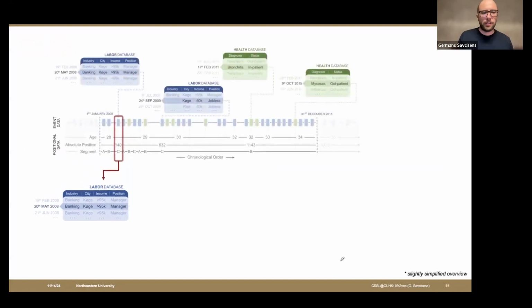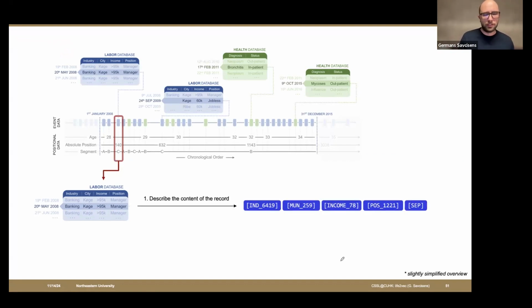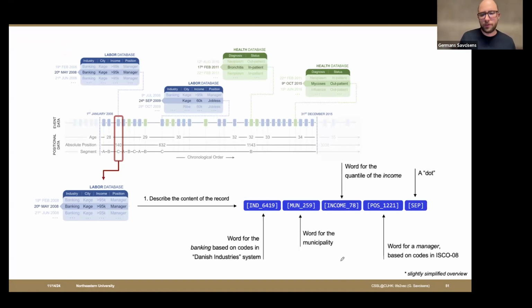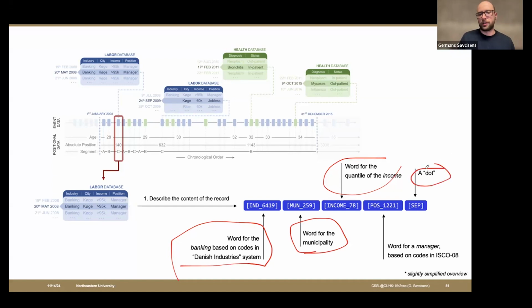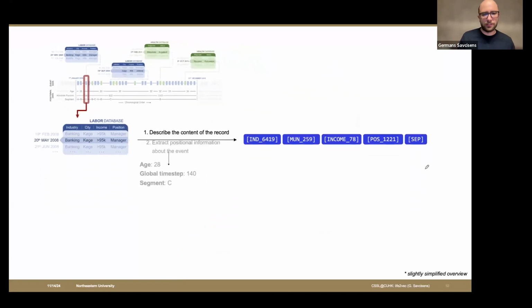Just to demonstrate how it works, we have these chronologically sorted records for one person. What we do next is look at the row and transcribe it into our artificial language. We have words that would represent your occupation, your income, the municipality you live in, and we also had some kind of token that would specify the dot for a sentence.